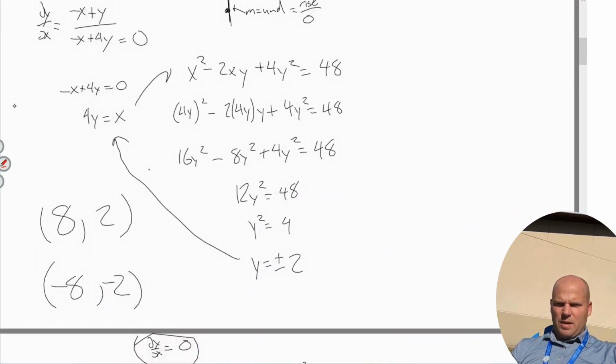For this part, I'd probably give you 1 point for setting the bottom equal to 0 and plugging it into the original equation. Then probably a point for the y equals plus or minus 2 and the points, maybe total of 3 points.